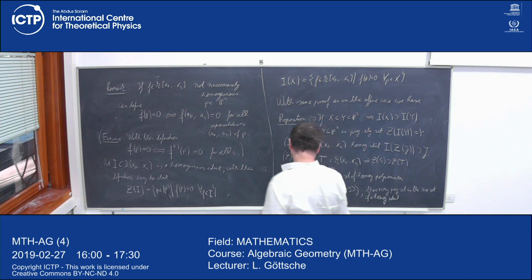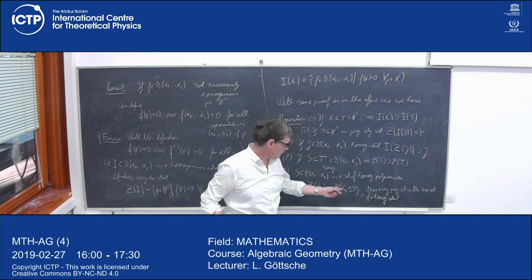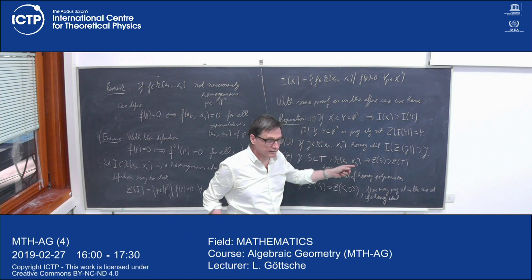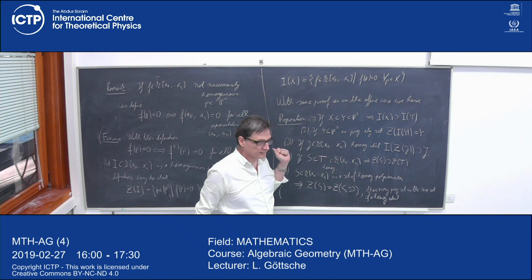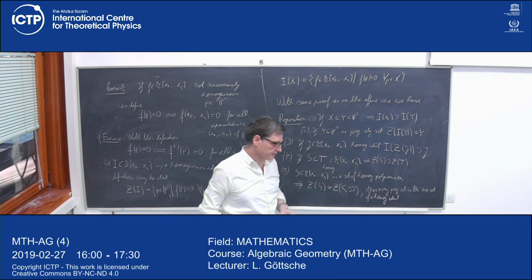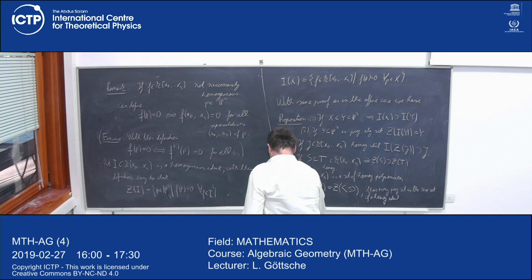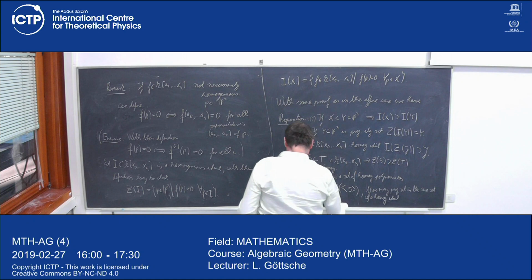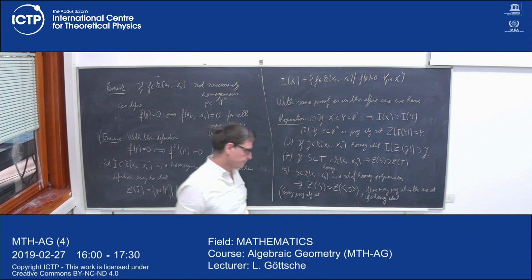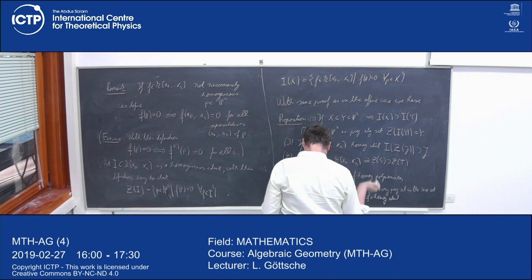And as this ring K[x0,...,xn] is Noetherian, such a homogeneous ideal is always finitely generated, so it means also every projective algebraic set is the zero set of finitely many homogeneous polynomials.